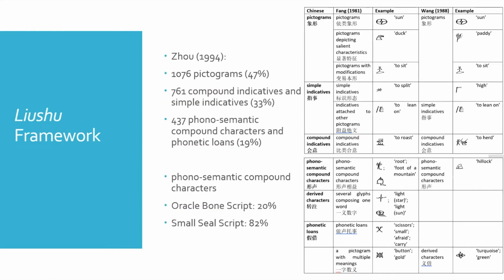And the Liu Shu theory, the traditional grammatological framework applied to analyze Chinese characters, has also been applied to the study of Dongba script with some modifications.